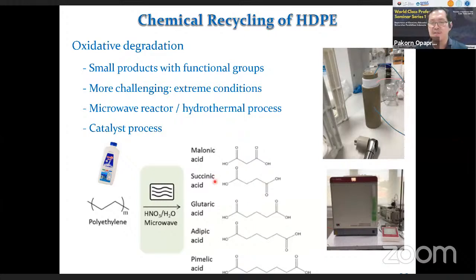The commonly used diacid in industry is the one with 4 carbon, or succinic acid, right? So if we can make them into these chemicals, they have so many applications.